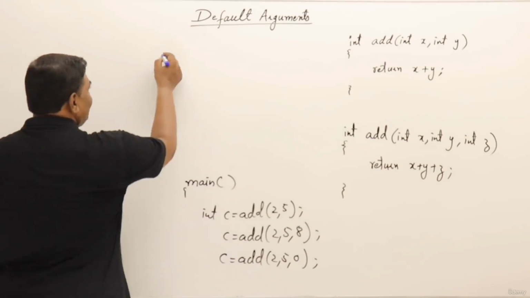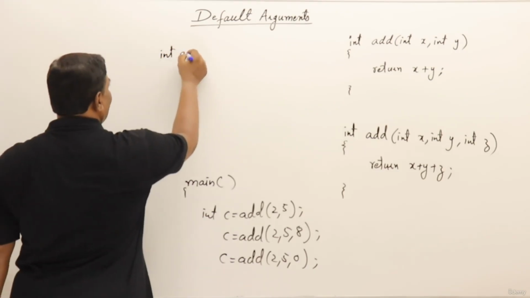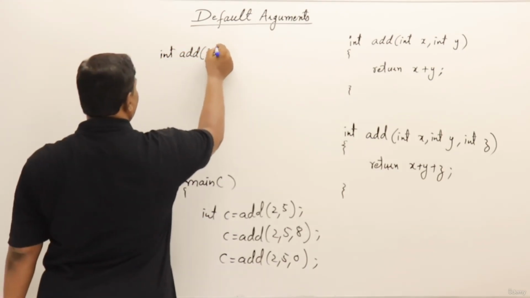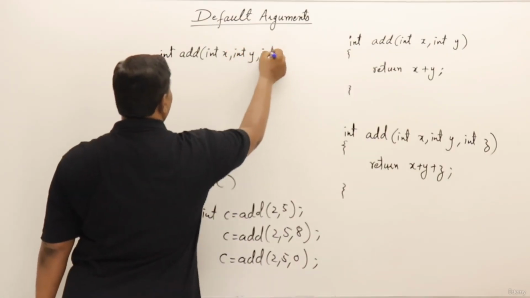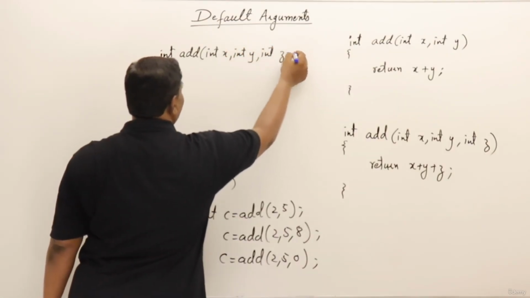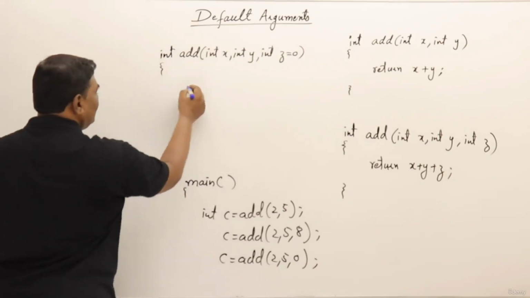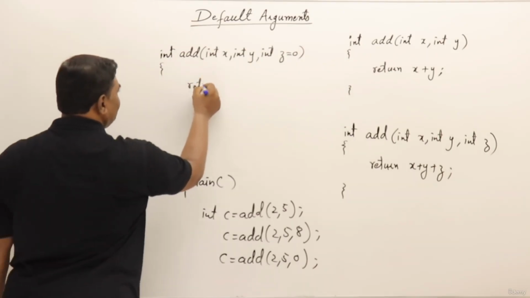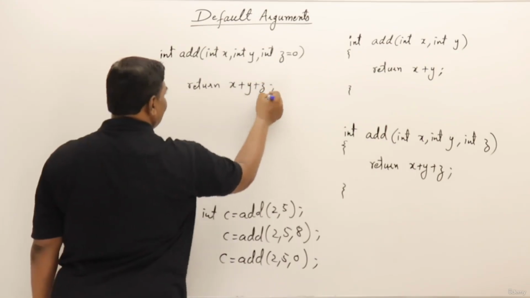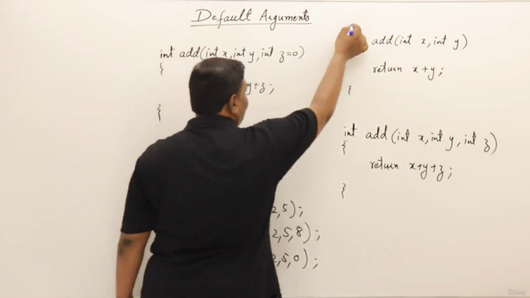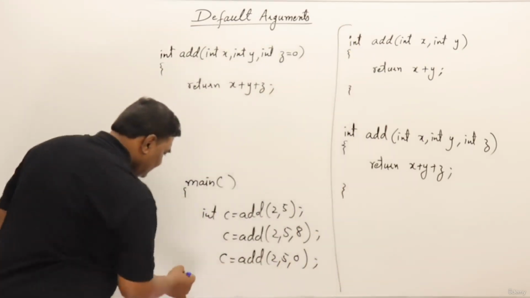Let us see. Integer add(int x, int y, int z = 0) and return x plus y plus z. Now imagine I don't have these functions.